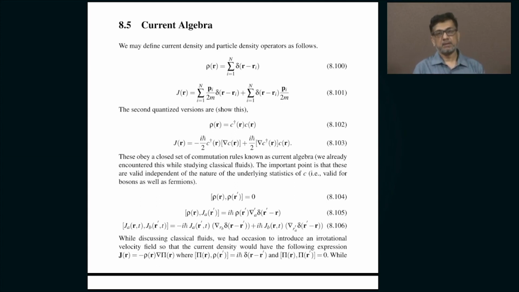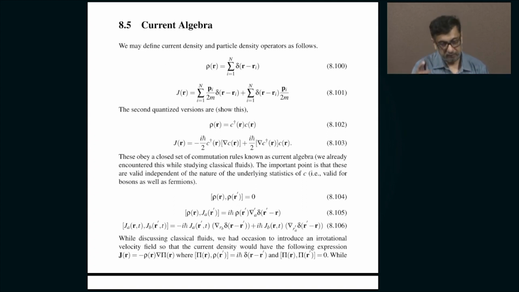So, that means the commutator of Q and P is i h bar times identity. Similarly, I want to be able to convince you that the way I have defined currents and densities, it naturally leads to a Poisson bracket relation that corresponds to canonically conjugate variables. So, how do I prove that?